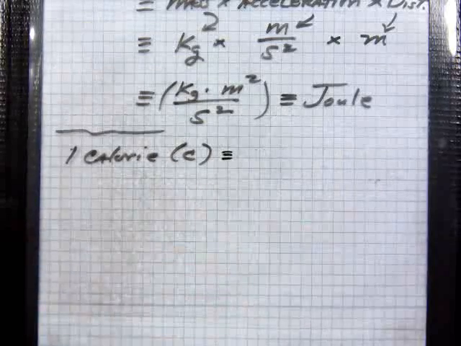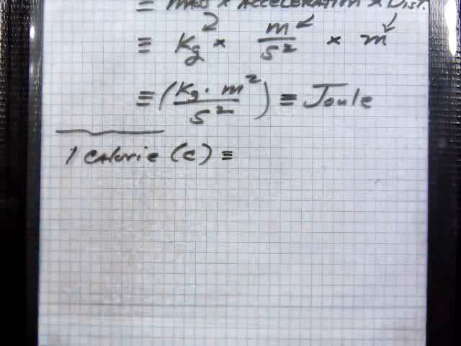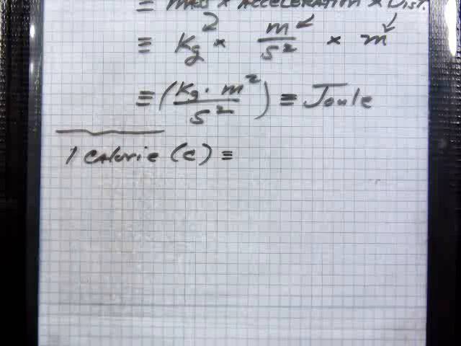Now, the calorie is a specific number referring to the amount of heat gained or absorbed.